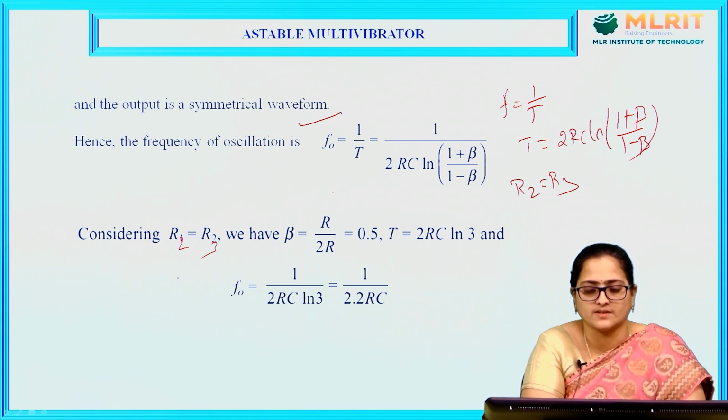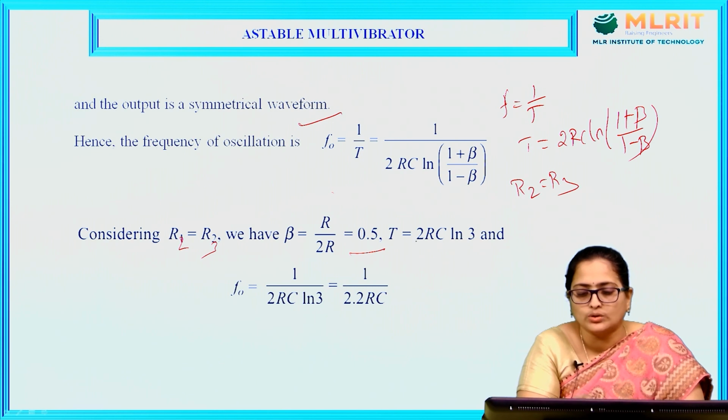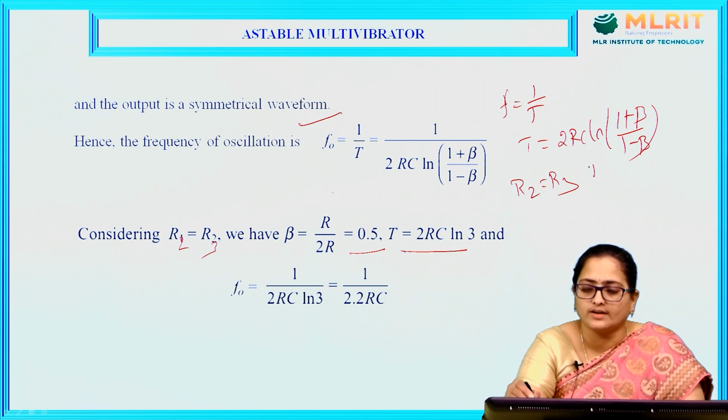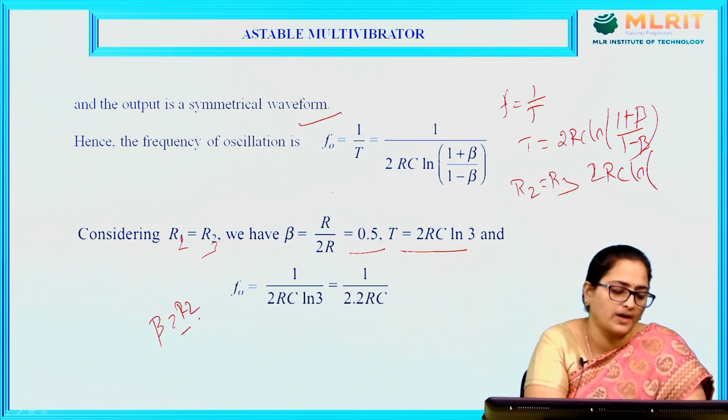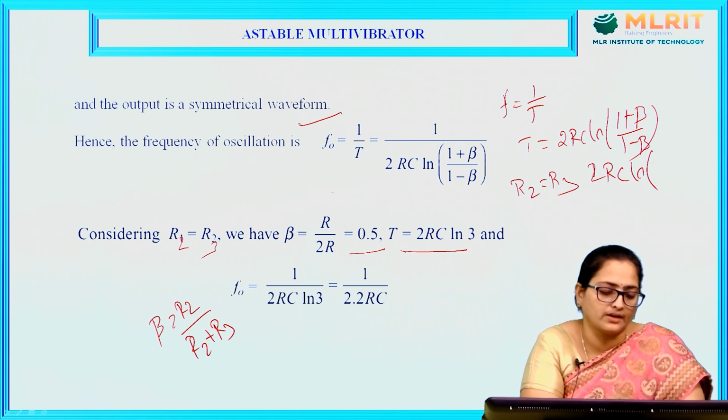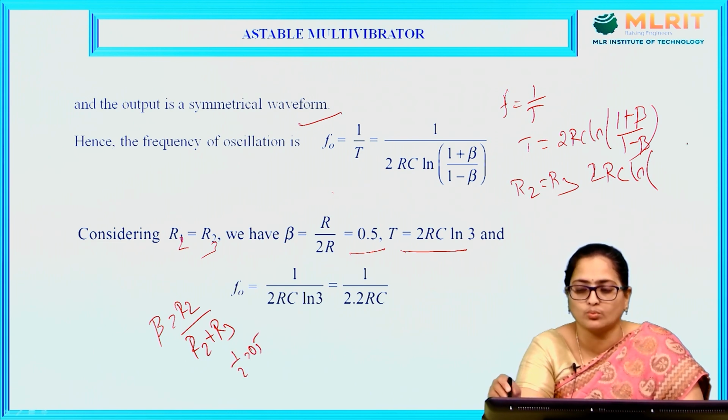If these two resistors are equal, then the beta value will be equal to 0.5. Beta is given as R2 by R2 plus R3. When R2 and R3 are equal, you can write it as 1 by 2, which is 0.5, the value of beta. So, 1 plus 0.5 by 1 minus 0.5 is given as 1.5 divided by 0.5.